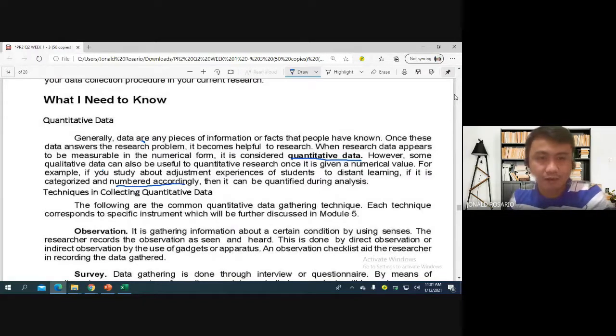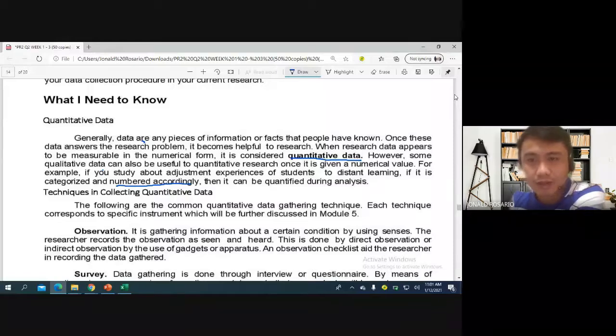Yan. So, pwede pala yon. Pwede rin na ang isang qualitative result or data ay gawing numerical form bago tayo mag-conduct ng data analysis.